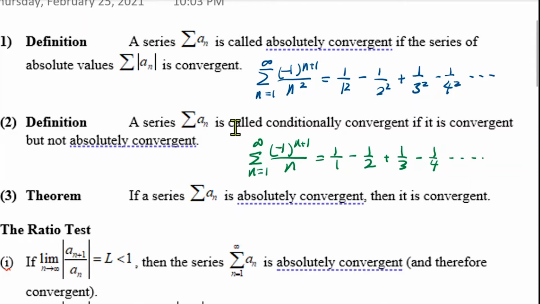Conditional convergence is if it's not absolutely convergent, this is the key. I'm going to highlight it: not absolutely convergent, but convergent anyway due to alternating signs. You get it? And this not absolutely convergent is the key here. Good.